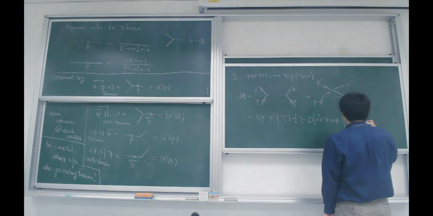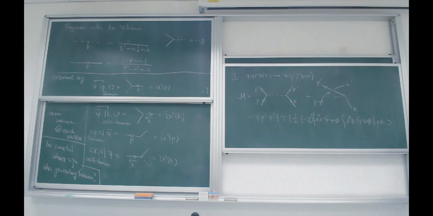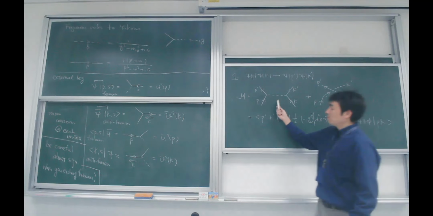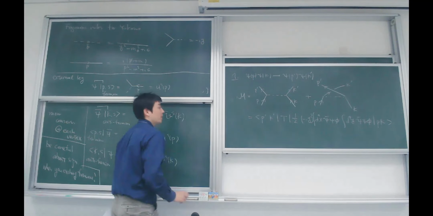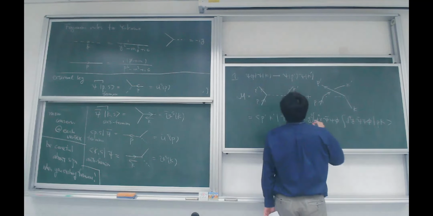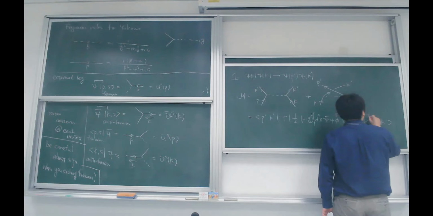Oh, sorry, I think it's squared. I already squared it, and then pk. This is what we have. To get the first diagram, what we need to do is that the propagator is this guy, so you get the weak contraction of this.